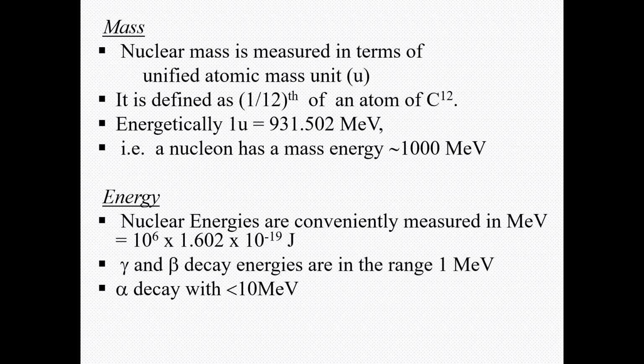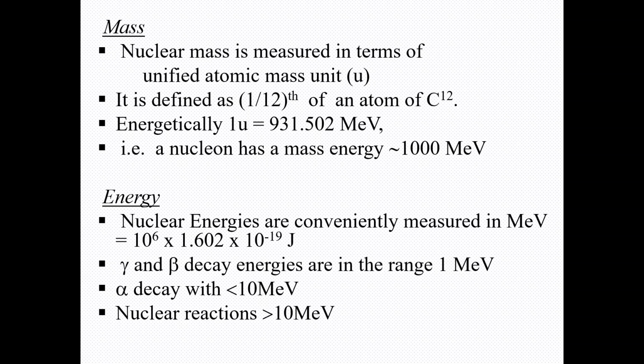So gamma and beta decays normally involve energy in the range of 1 mega electron volt, but for alpha decay we need energy that is smaller than 10 mega electron volt.